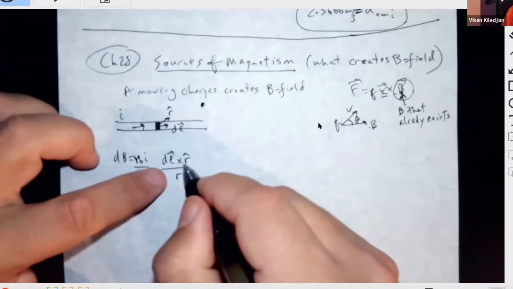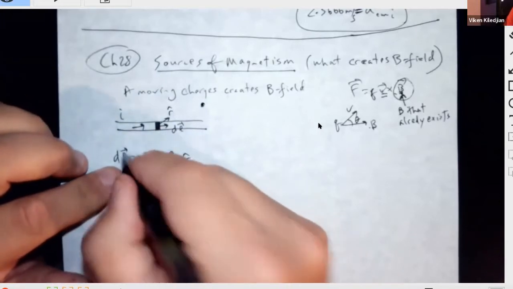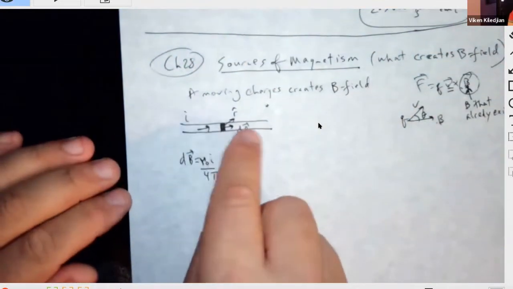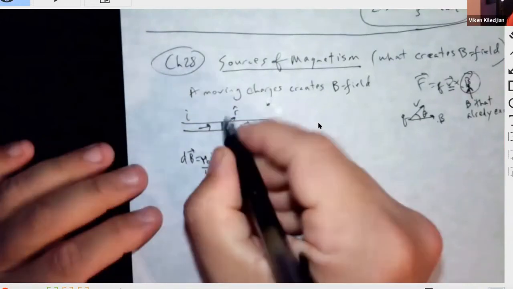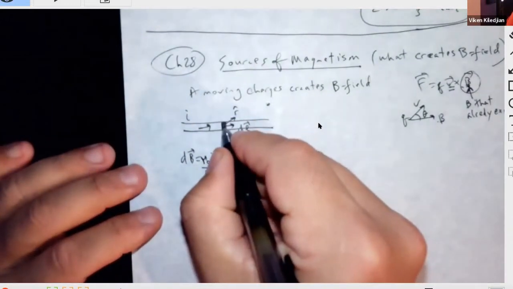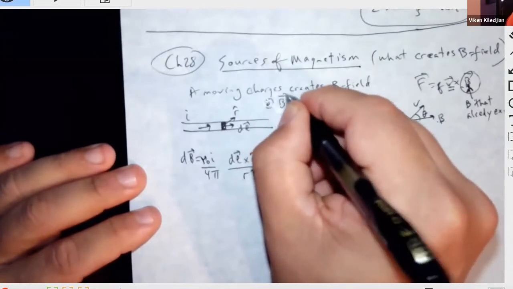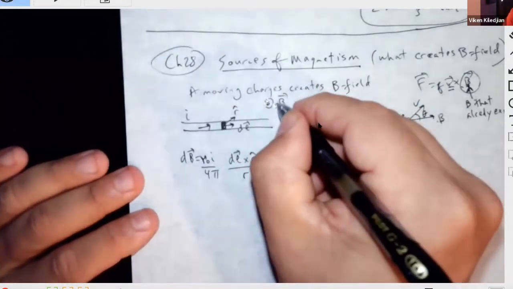Then the cross product gives you the direction of that magnetic field, dl crossed into r hat, out of the board. So that little piece of wire is going to create a magnetic field here that is out of the board. And we'll call that dB.